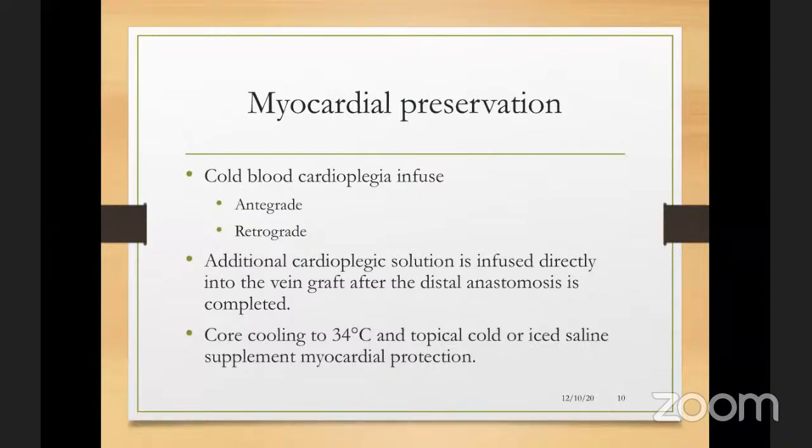Additional cardioplegic solution can be infused directly into the vein graft after the distal anastomosis is completed. Cooling the patient to 34 Celsius with topical cooling of the heart with cold or ice saline can supplement the myocardial protection.